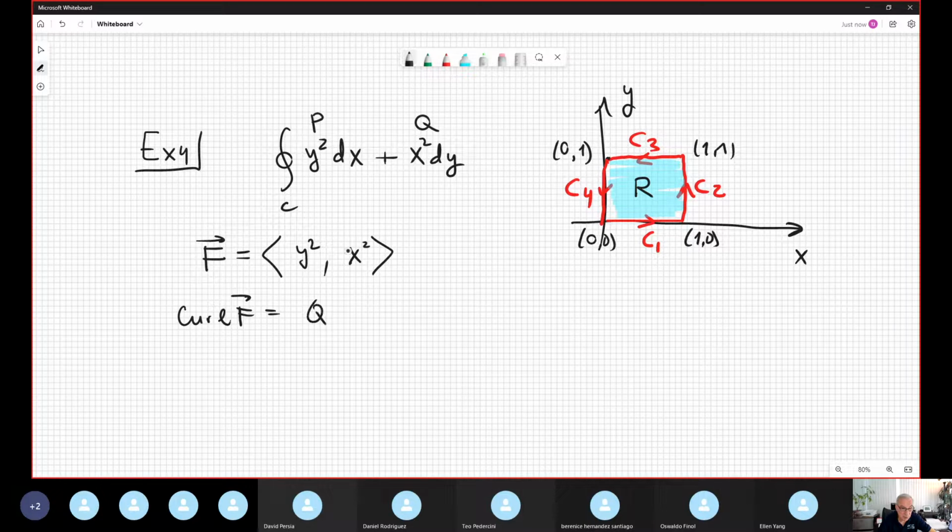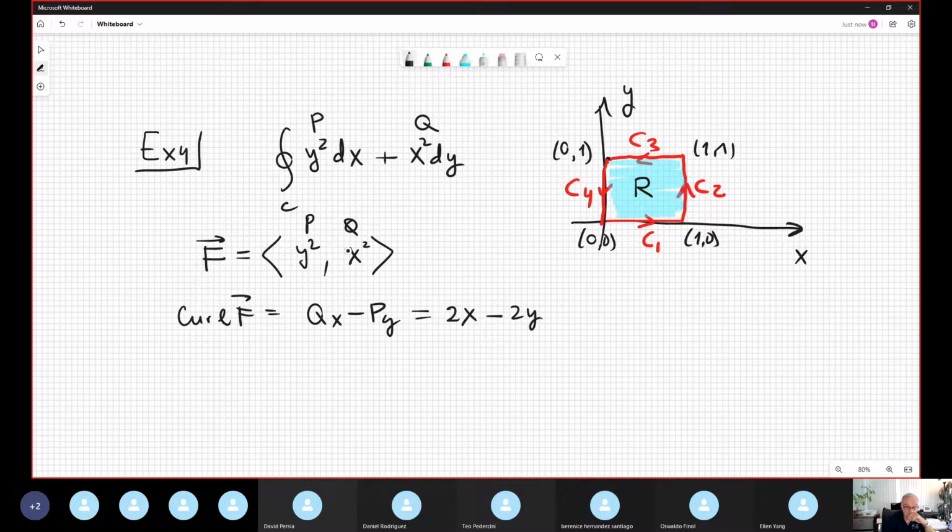The formula is Qx minus Py. You differentiate Q, which is x squared, with respect to x, to get 2x. Minus, you differentiate P with respect to y, to get 2y. This is my curl.